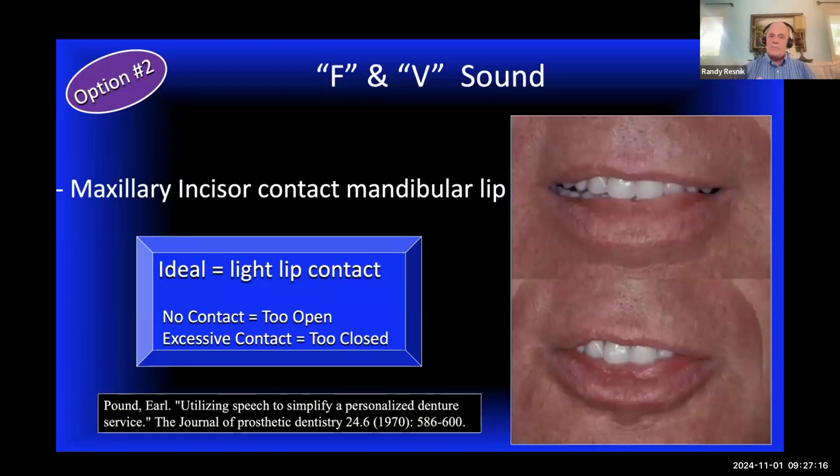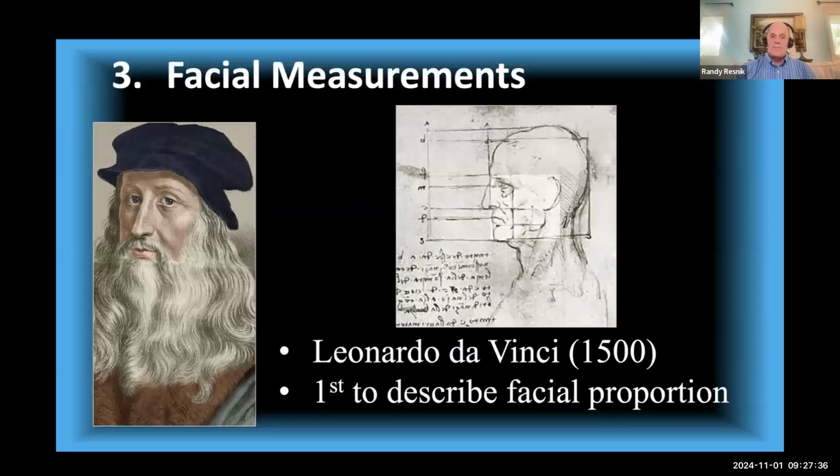So if the vertical dimension is ideal, when speaking the F or the V sounds, those maxillary incisors should just lightly touch. If there's no contact, the patient's too open. If there's excessive contact, then they're going to be too close. So this is just another way of evaluating it.